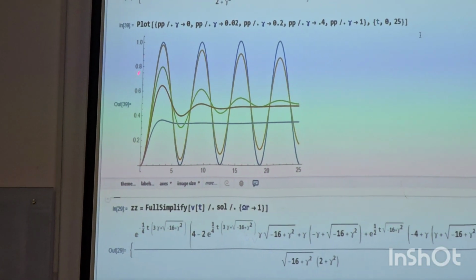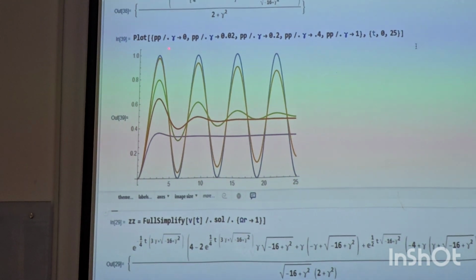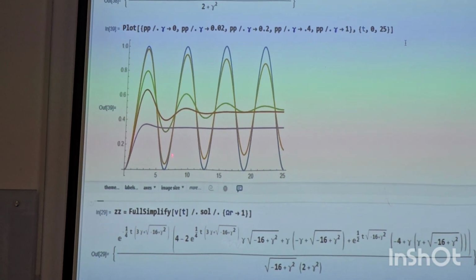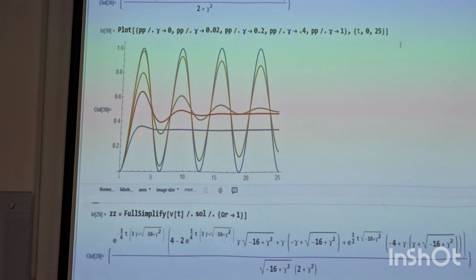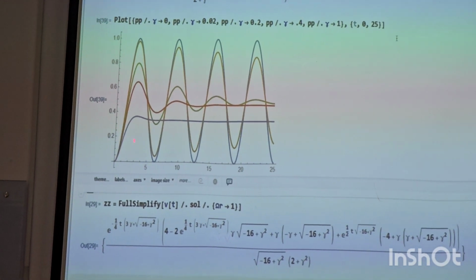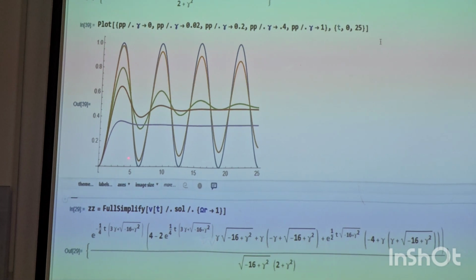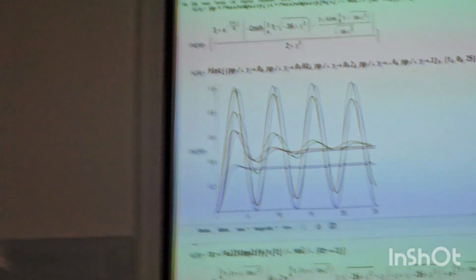Now what I see is, number one, the peaks get smaller and smaller, and for very high damping, the Rabi oscillations are only seen for a very small amount of time, and quickly you achieve saturation. Yes, please.